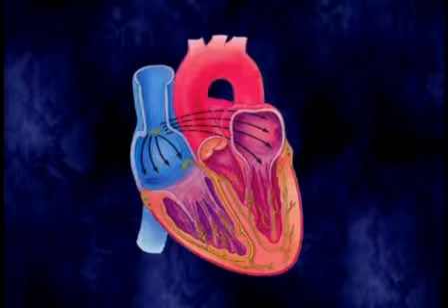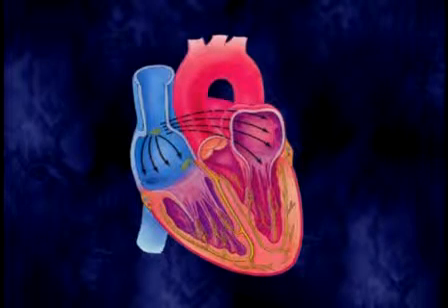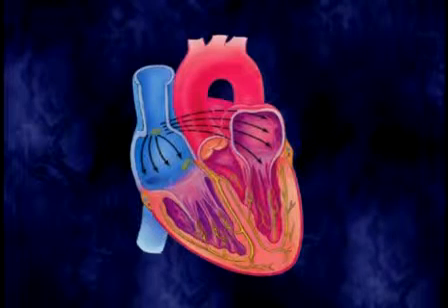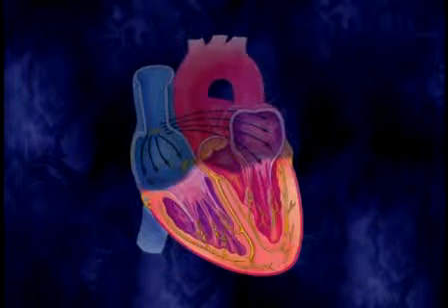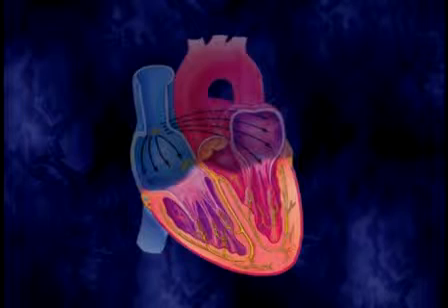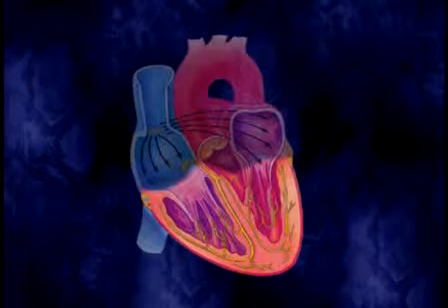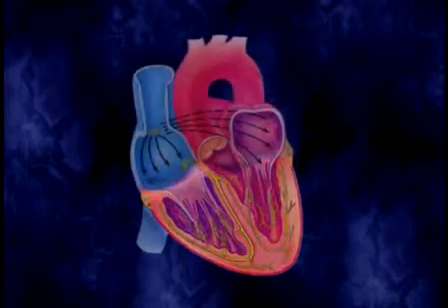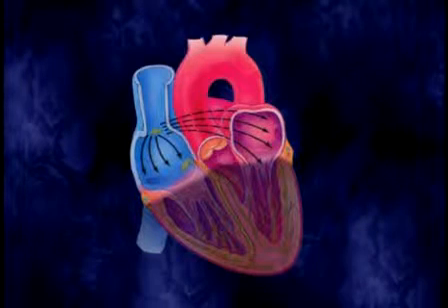Now, if you look at this next slide, remember I told you there was different inherent rhythmicity in the heart. If you just took the heart muscle down here in the ventricles, it would have a rather slow rate, probably 20, 30, 35 beats per minute. That's not good enough to keep the blood in the body going at a rate that will allow life. Fortunately, up here, the rate is even faster.